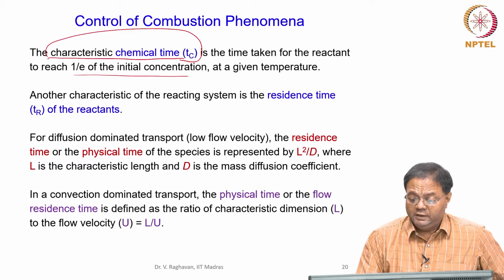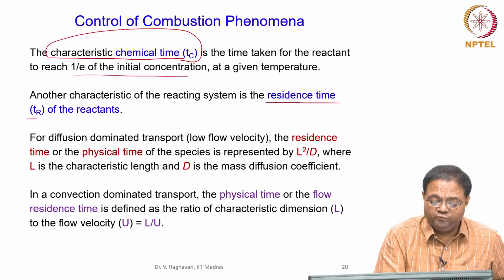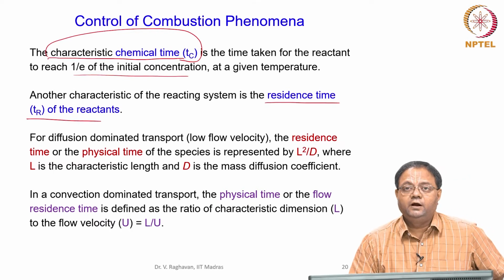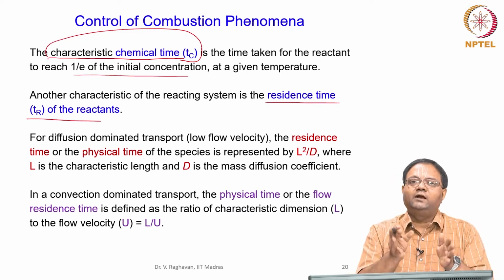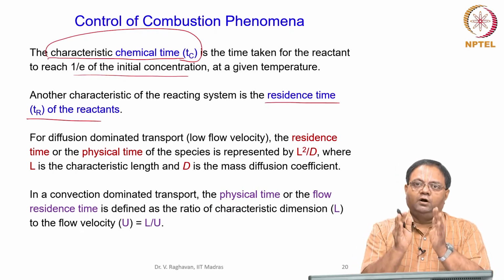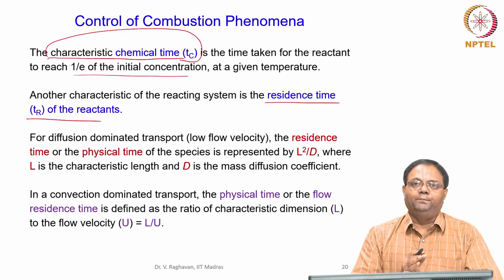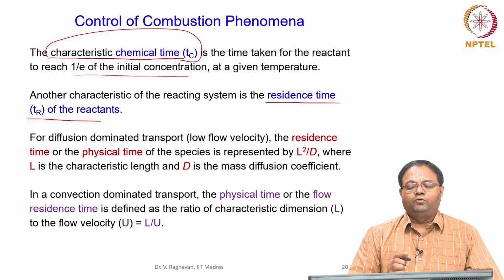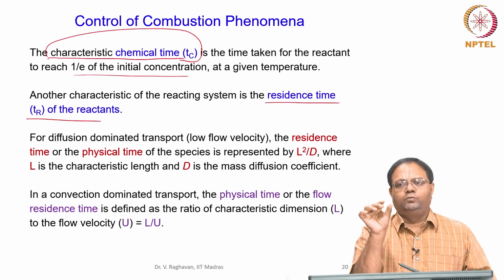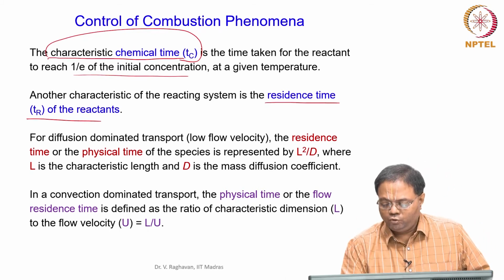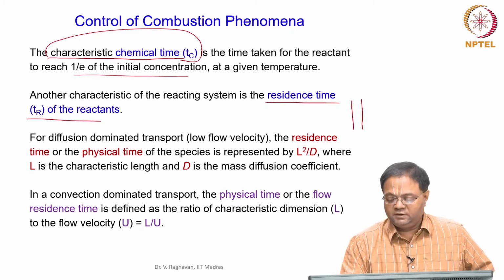Then residence time is the second characteristic time we define. See, for a reaction to complete, it should reside within a particular space for a particular time, correct? So, for example, when the reaction should occur in a small control volume, I take the Bunsen burner example.